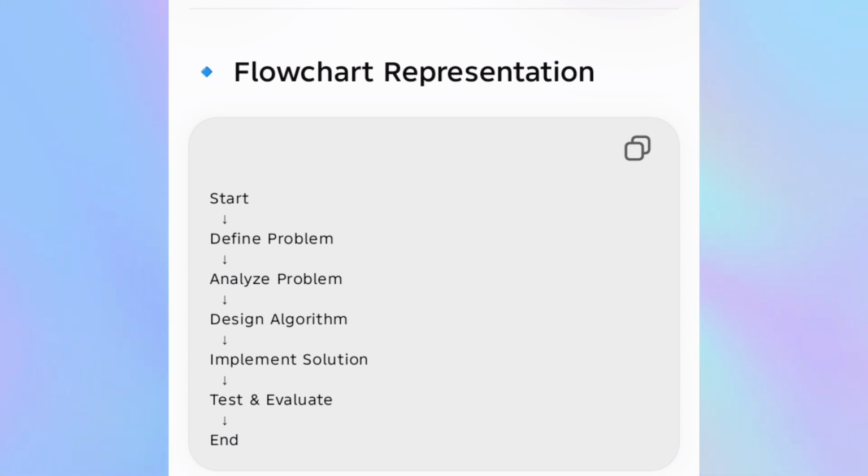Flowchart representation: start, analyze, design the algorithm, implement the solution, test and evaluate, finally end.